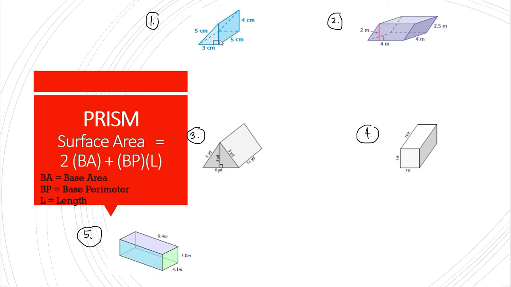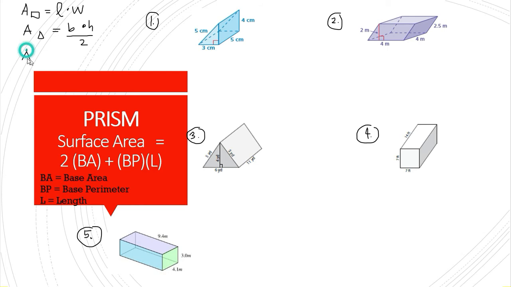Let's check some different examples of prism. Before that, we need to remember all the formulas for different shapes. The area of a rectangle is given by the formula length times width. Area of a triangle is given by base times height divided by 2.